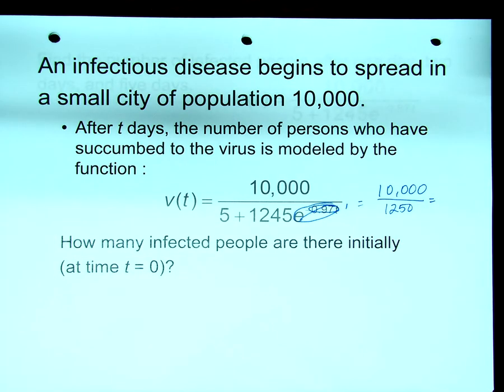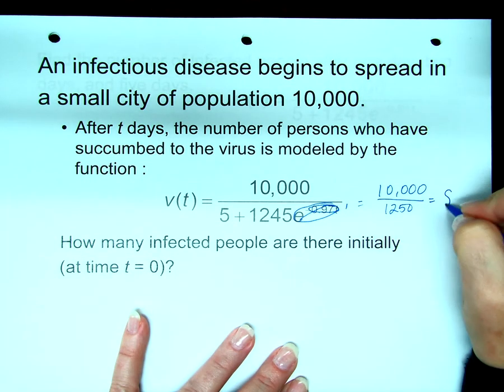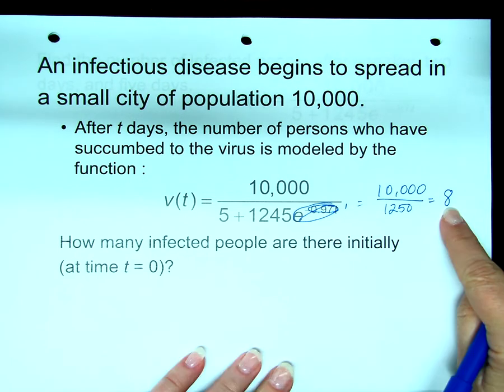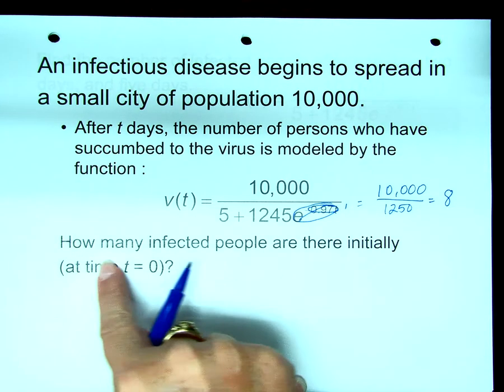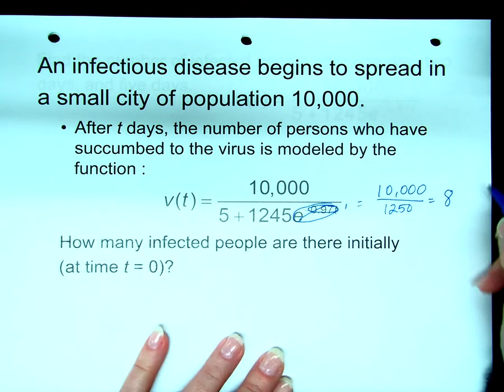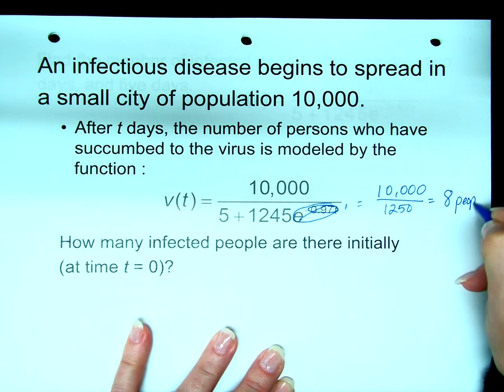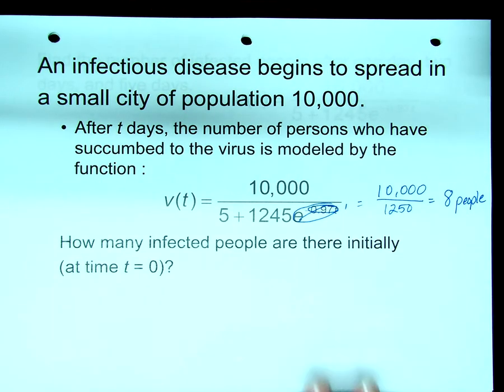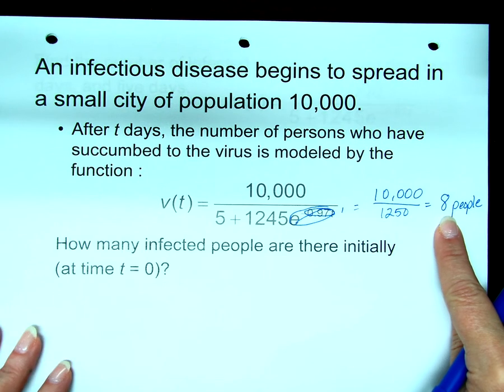So 10,000 divided by 1250 is 8. So what does that mean? 8 what? Well, how many infected people are there initially? Well, 8 people. So at the beginning of this infectious disease situation, 8 people were infected.